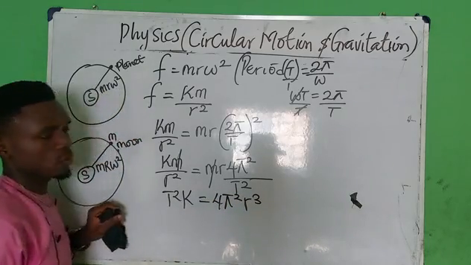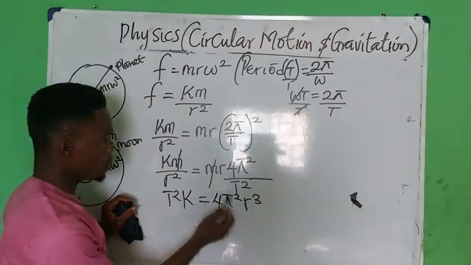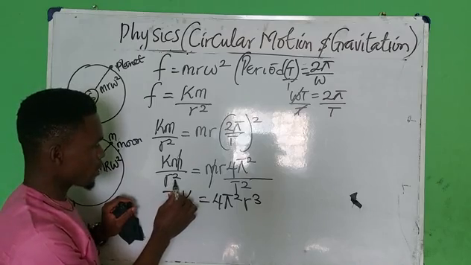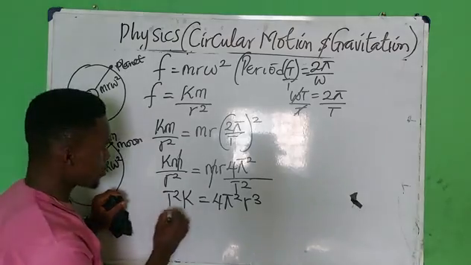Yes, r cube. You're now asking me, how did you get that r cube? I got the r cube from r squared times r here, which is r cube. All right, so you divide both sides by k.